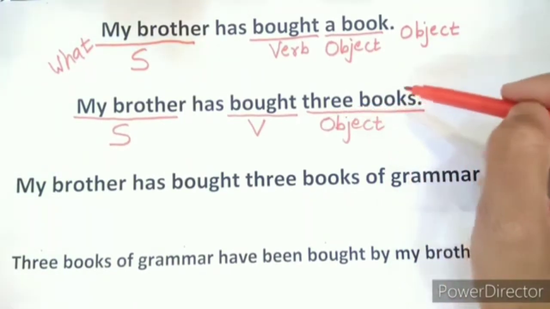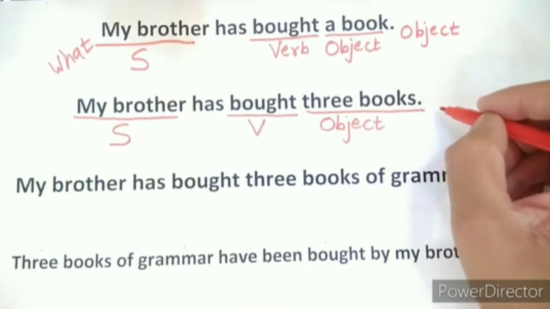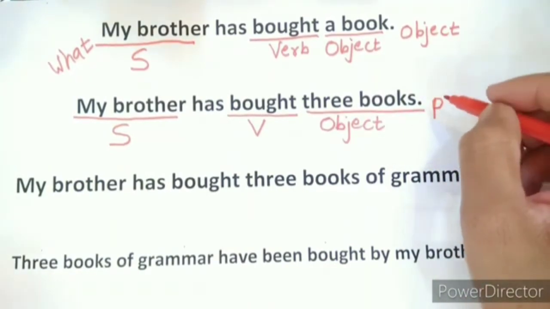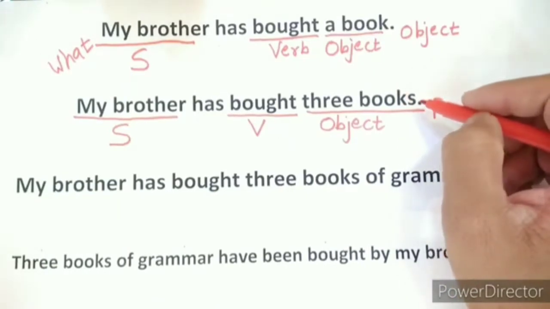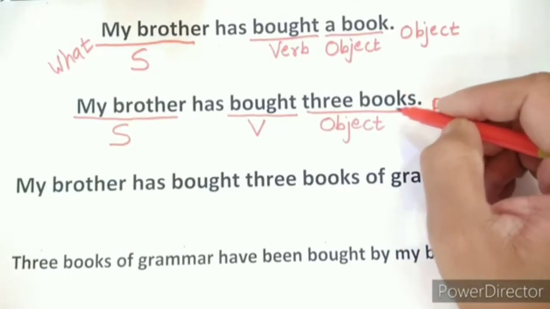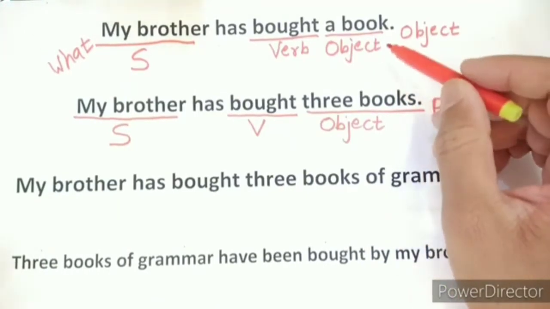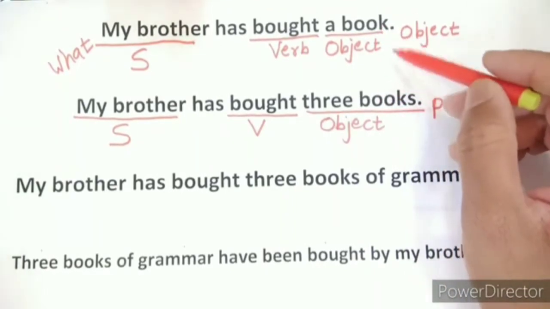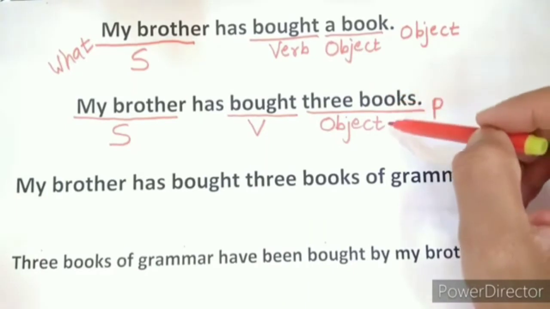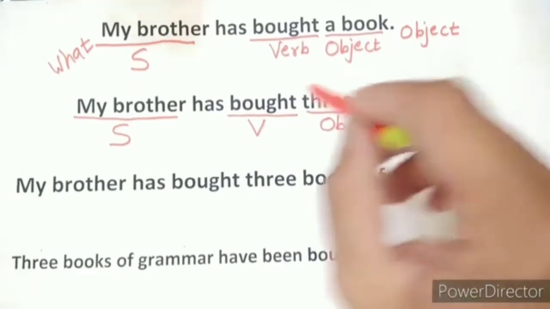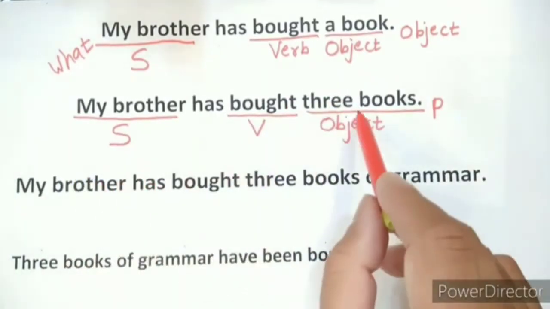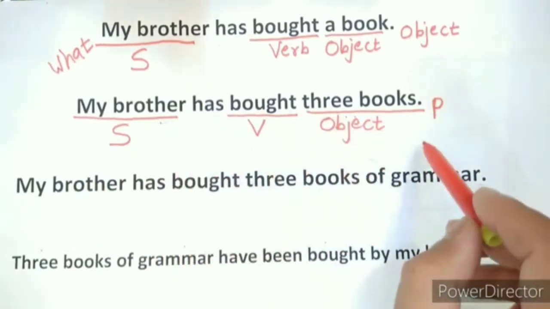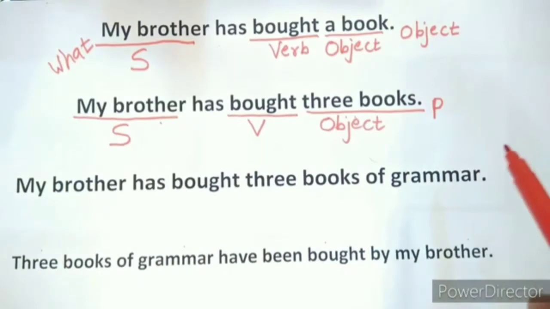So this object is in a plural form. So it is very important to notice whether the object is in a singular form or plural form, because while converting the active voice into passive voice, we are going to begin the passive voice with the object, and the subject will be placed at the place of the object.